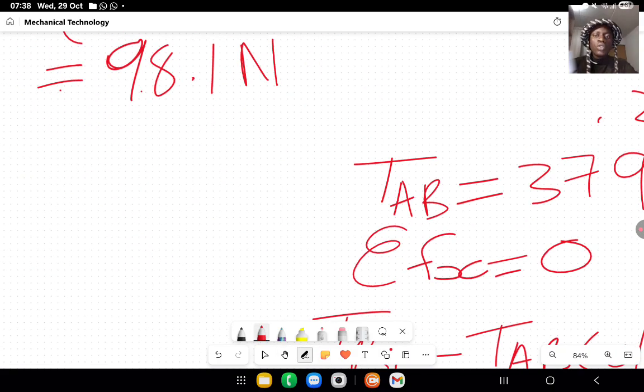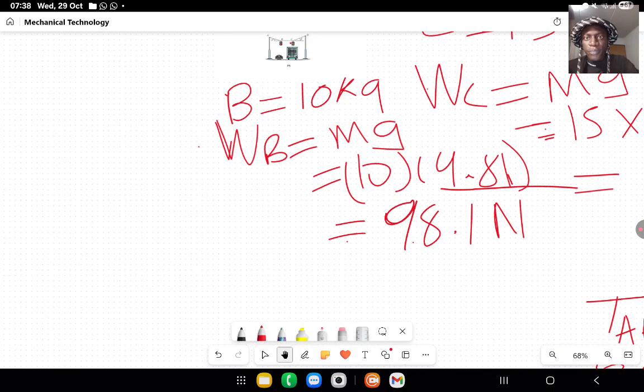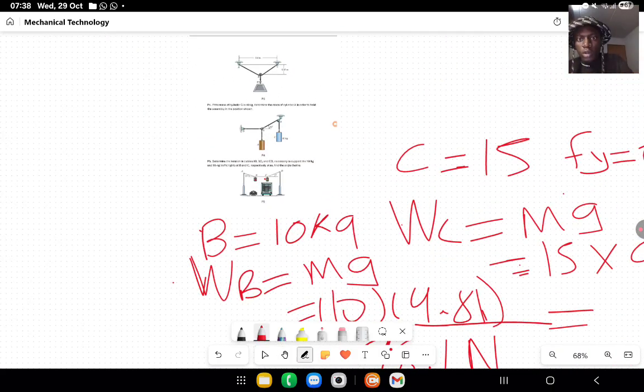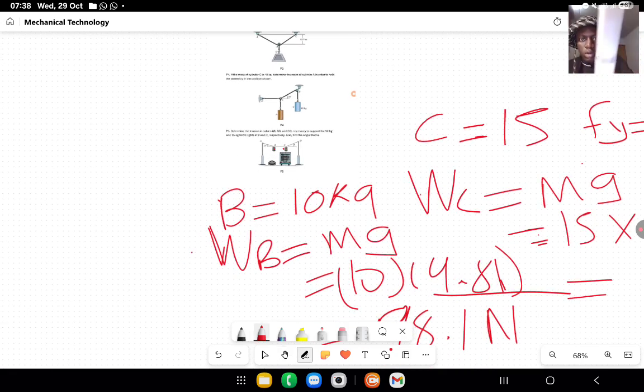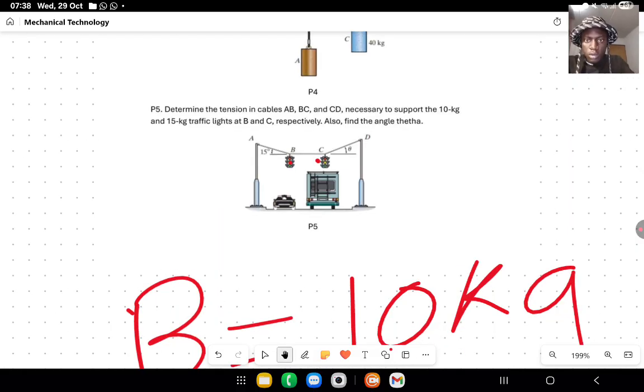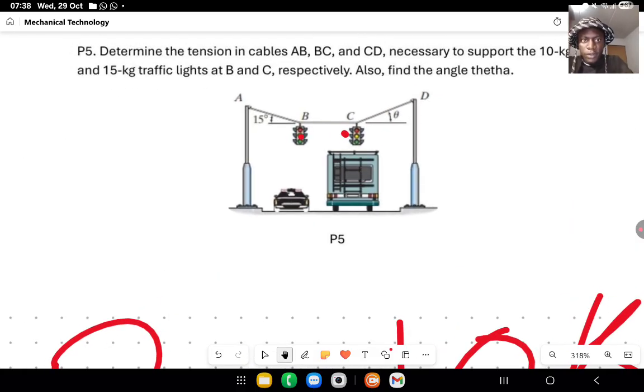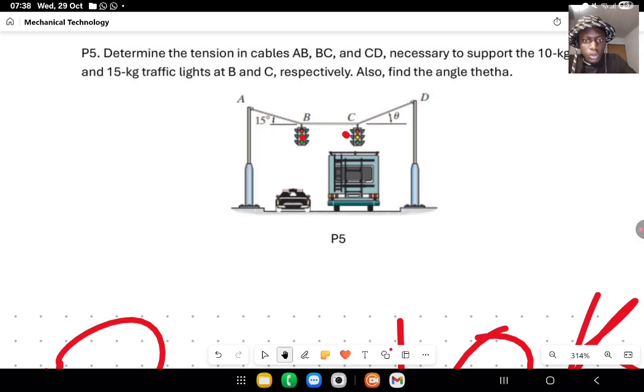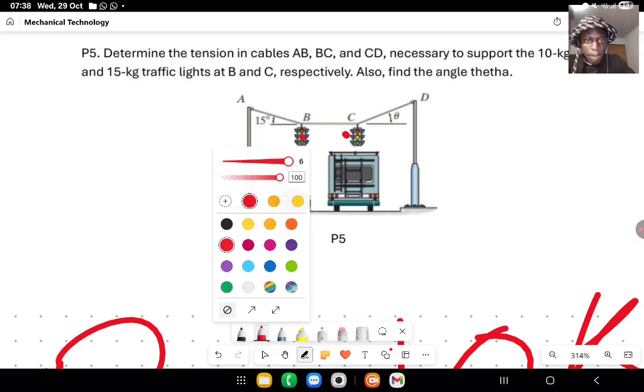After that, we are going to draw a free body diagram here. I think you will follow. Here is the free body diagram. It's going to be like this.